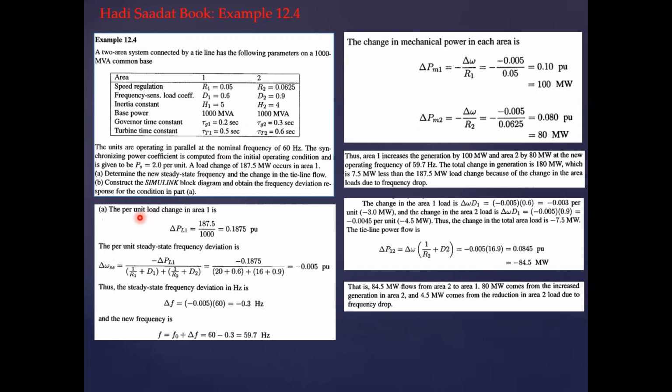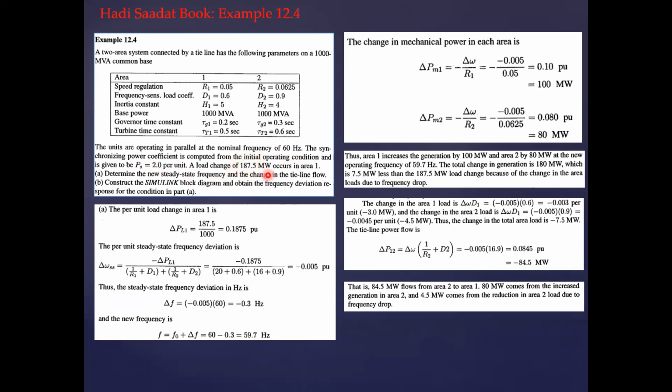The nominal frequency is 60 hertz. You have the initial operating point and then the power coefficient 2 per unit.